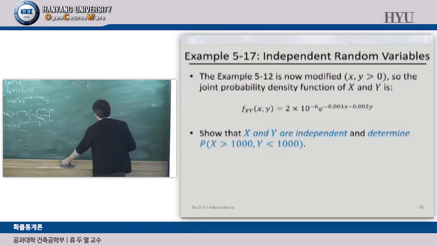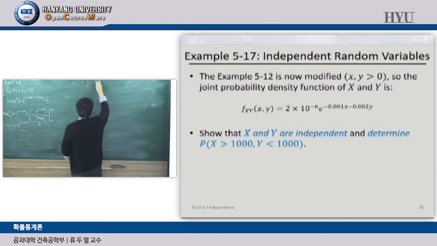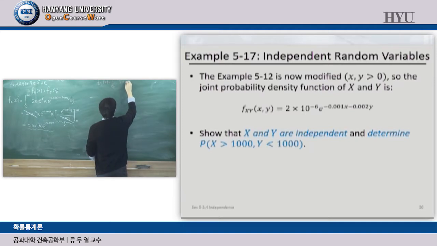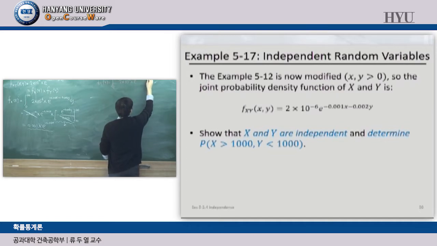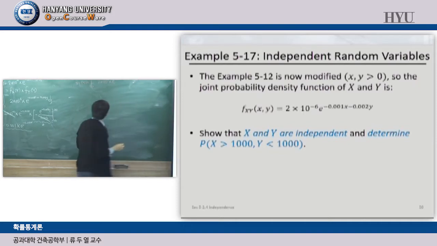Okay? So this is from 0 to infinite of 2 times 10 to the minus 6 power times exponential minus 0.001x minus 0.002y dx, right?